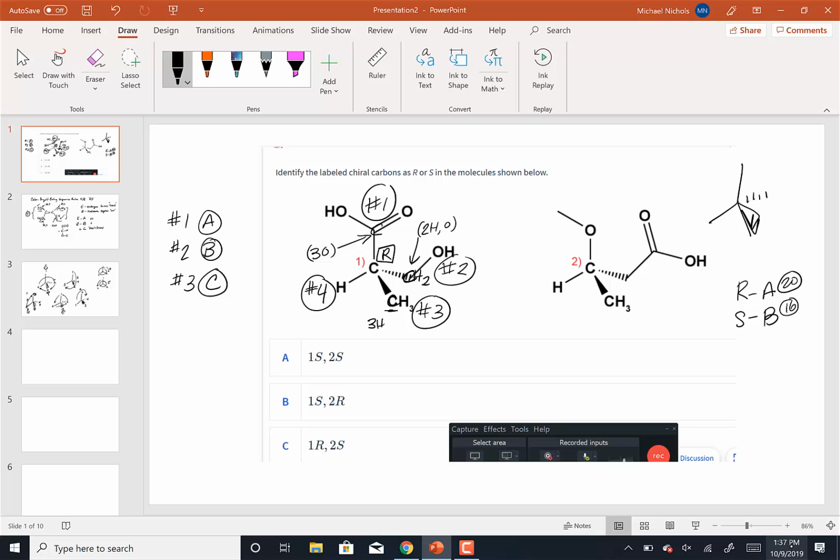Okay, we're ready to revote. So revote. After discussing it, what do you think it is? So we'll revote and see what we get.